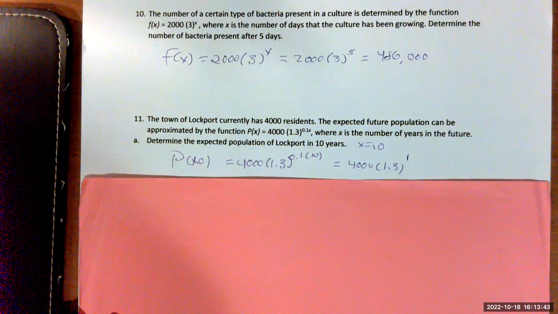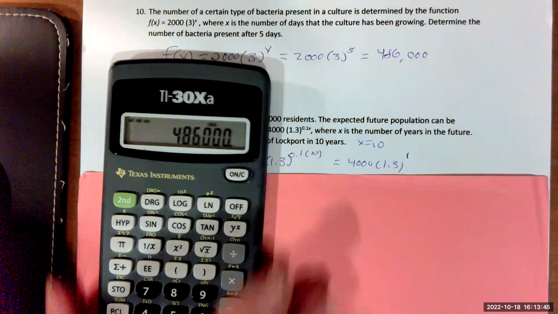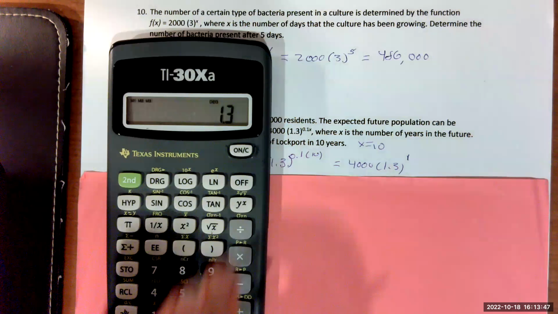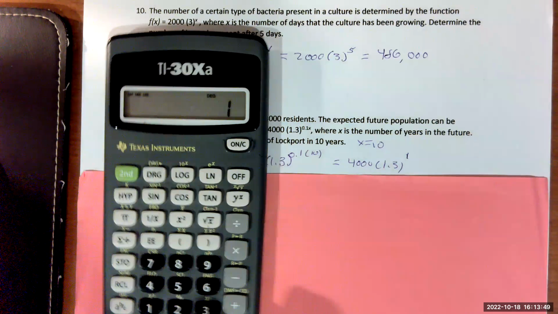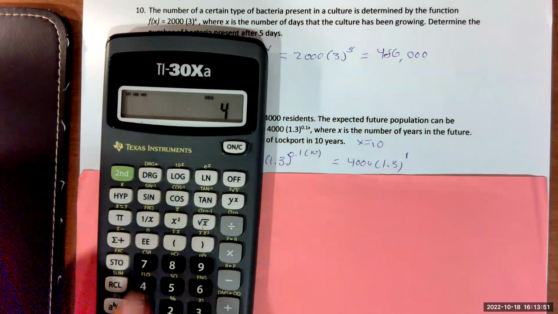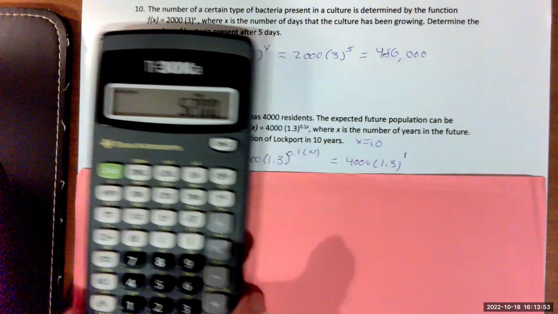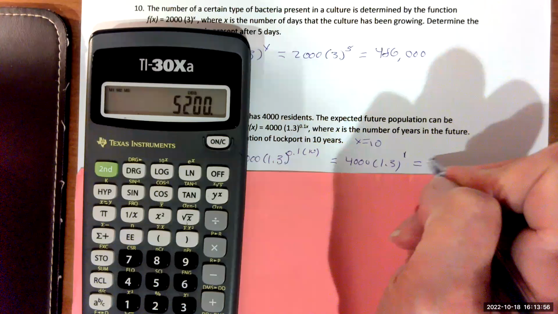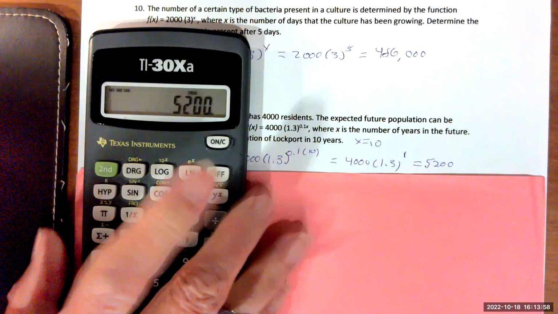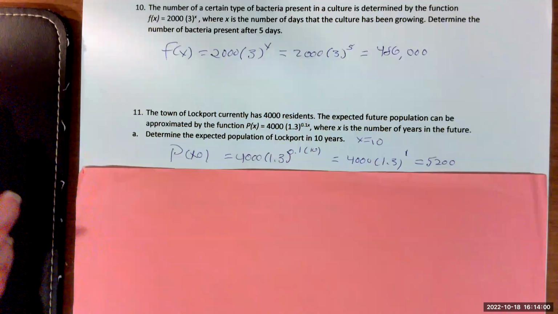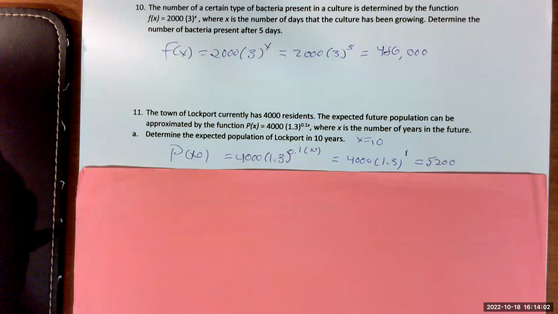So basically, I'm just going to have that base of 1.3 by itself. 1.3 raised to the 1 power is just 1.3. Then I'm going to multiply by 4,000, which was the starting population. So we would expect to have 5,200 residents in 10 years, considering that particular function.